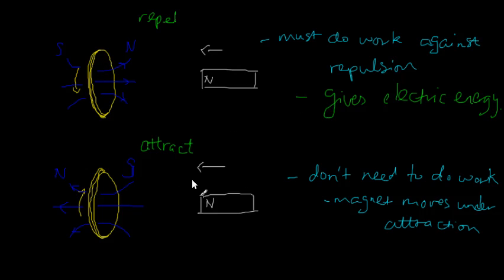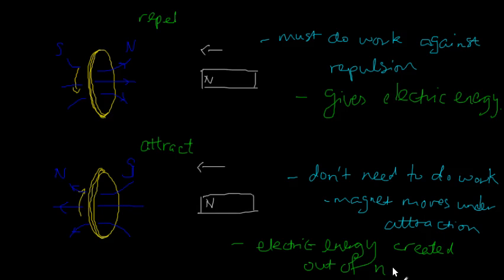No problem. How about the second case? In the second case, I don't have to do any work. I just let go. At first there's no current, right? But I just let go, the magnet moves towards the loop, and electric energy is created. So electric energy is created out of nothing.